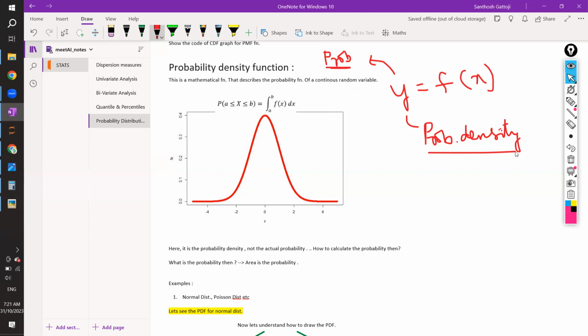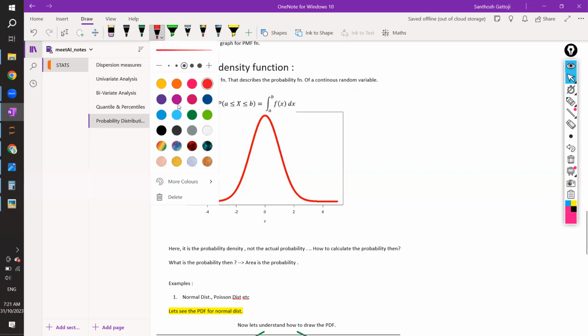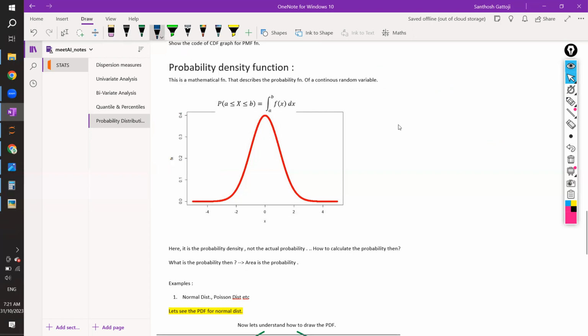Now see, guys, because this is a continuous random variable, what type of graph do we use? We usually go for the histogram. As you can see over here, this is the plot for a continuous random variable.